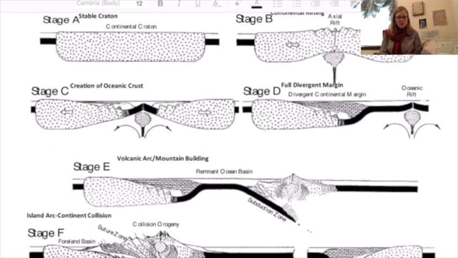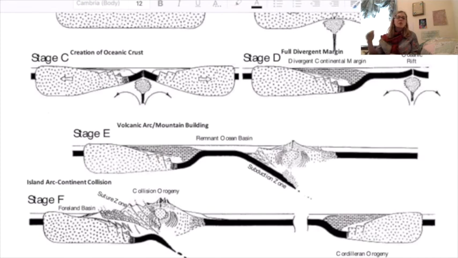Yes, we have igneous rocks at stage C. Stage D, we are only focusing on the quiet, fully diverged margin, moved away from the rift and from the other continent. We're focusing right there on the edge of this continent, on the full divergent margin. No heat added, nothing melting, no magma, no igneous rocks.